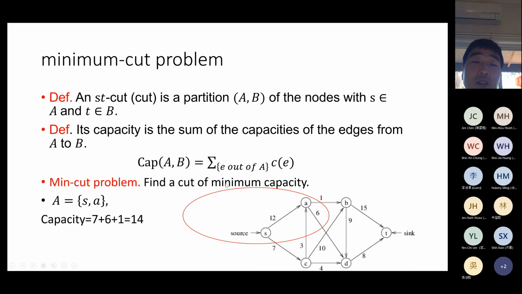And the min-cut problem is to find a cut with minimum capacity.